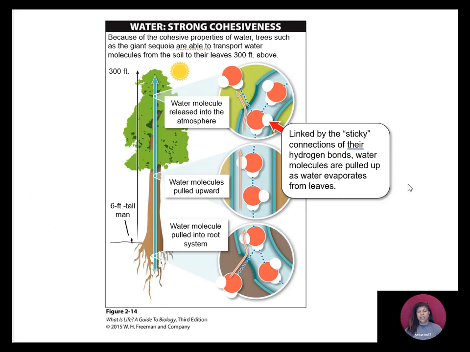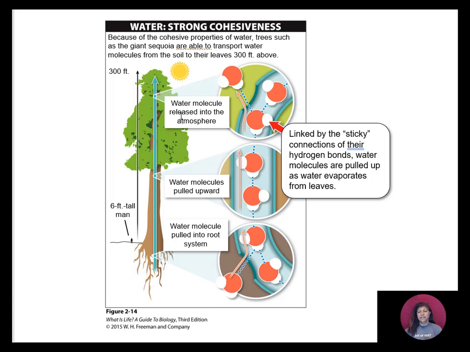So it turns out that one property of water, which is called cohesiveness, together, two water molecules together, because of the cohesive properties of water, trees such as this giant sequoia that you see here in the image are able to transport water molecules from the soil, down where the roots are, all the way up to the leaves at the very, very top. And here's how that happens.